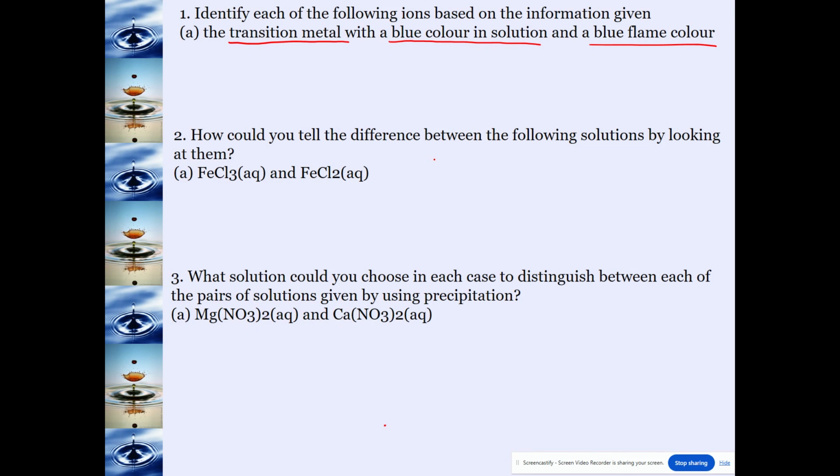So if you check those charts, the solution chart and the flame color chart, you will see that it is copper, okay? Technically, it would be copper 2+ ions, but I would accept copper as an answer as well. Next, we have 2 solutions, and it's asking how could you tell the difference between them by looking at them. So what's different about these 2 solutions?